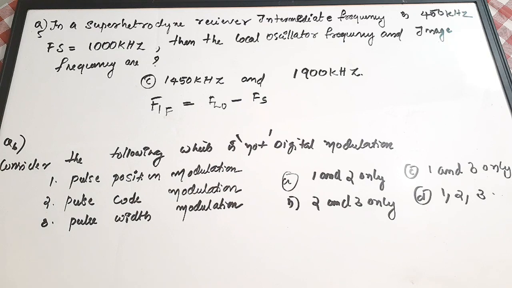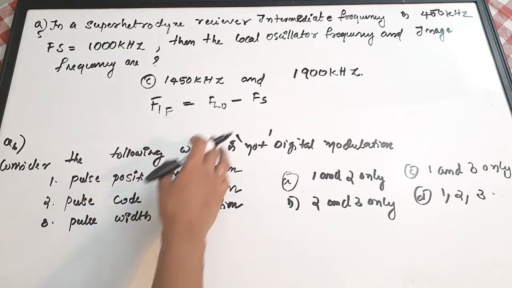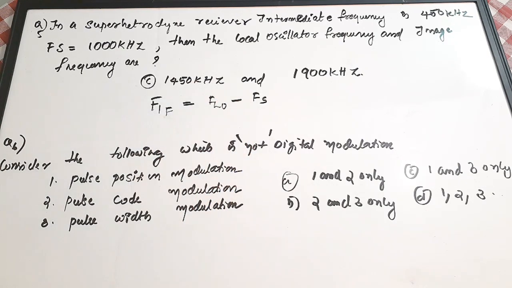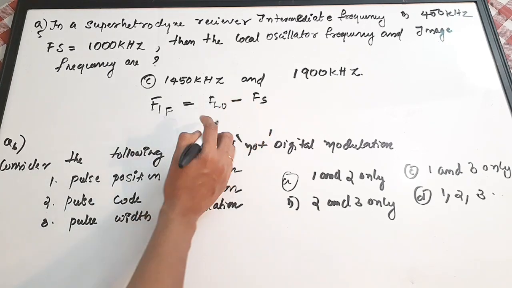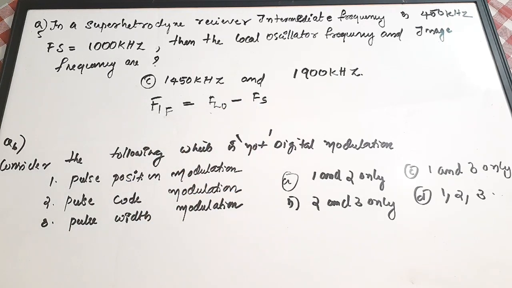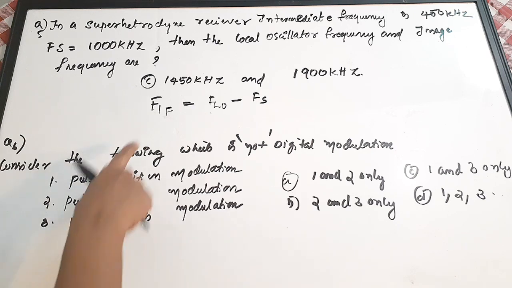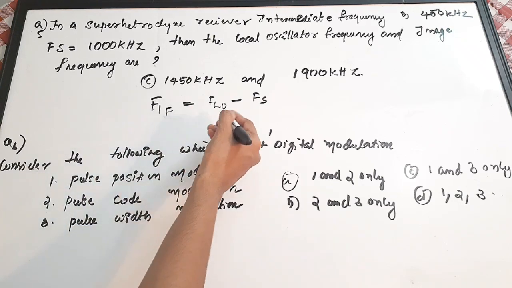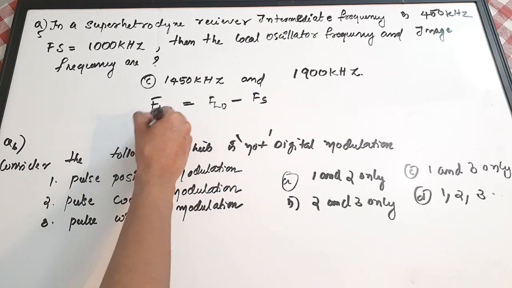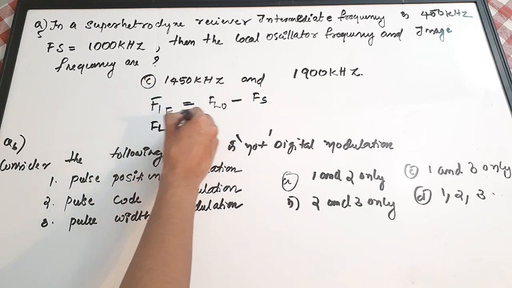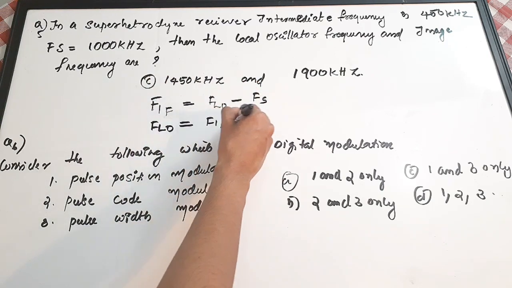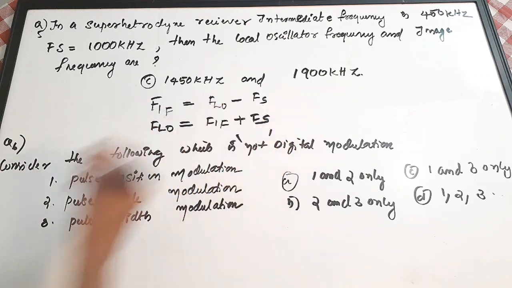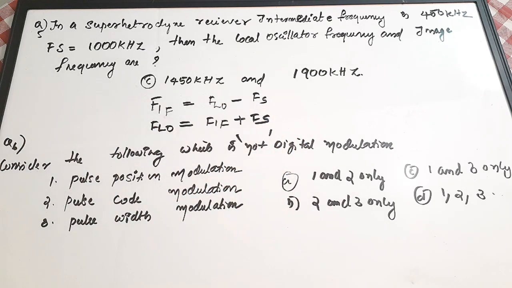But for the time being, since we don't know the local oscillator frequency, we take the equation FLO minus FS. Since we need to find FLO, from this equation FLO equals FIF, the intermediate frequency, plus the source frequency. That is the local oscillator frequency.